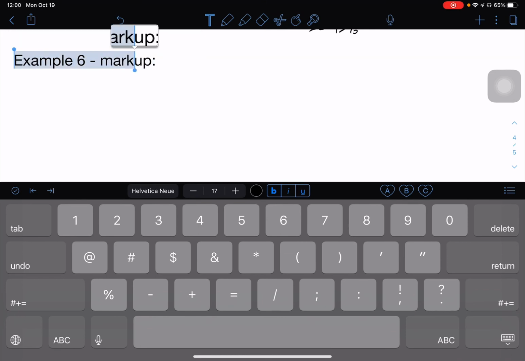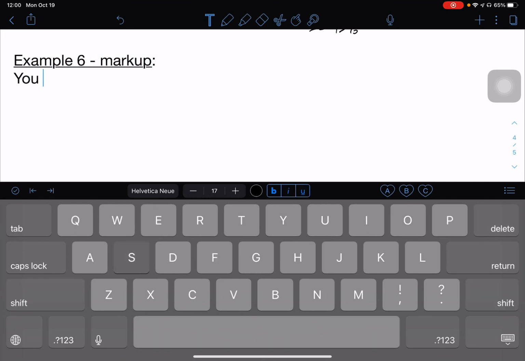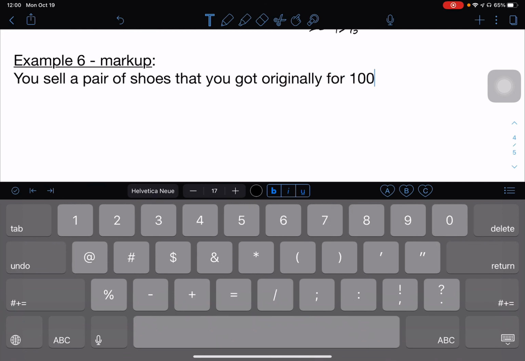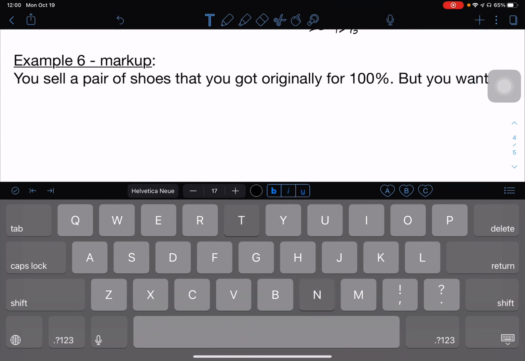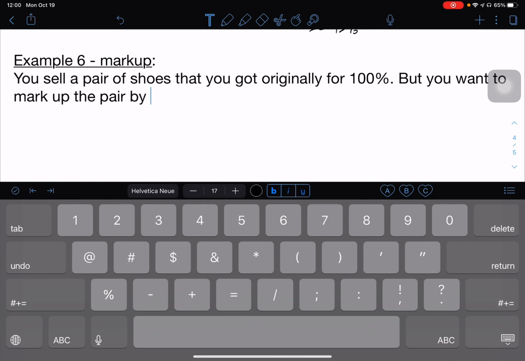So you sell a pair of shoes that you got originally for $100, but you want to mark up the pair by 69%.